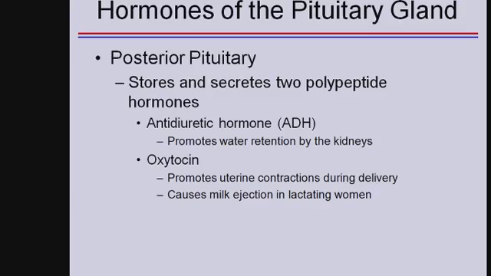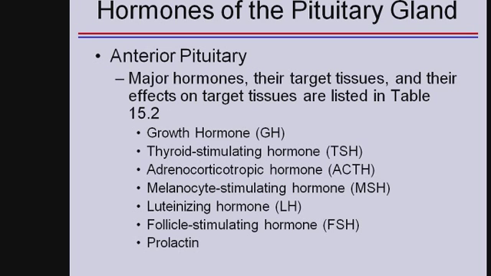More about the hormones of the pituitary gland. The posterior pituitary stores and secretes two polypeptide hormones. ADH, antidiuretic hormone, promotes water retention by the kidneys, and oxytocin promotes uterine contractions during delivery of women. It also causes milk ejection in lactating women.